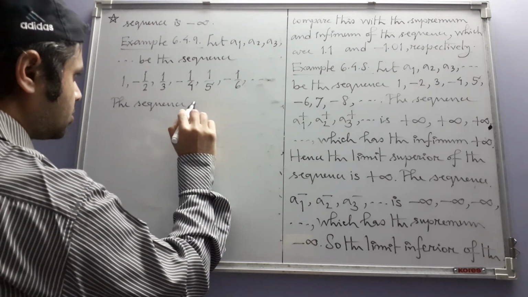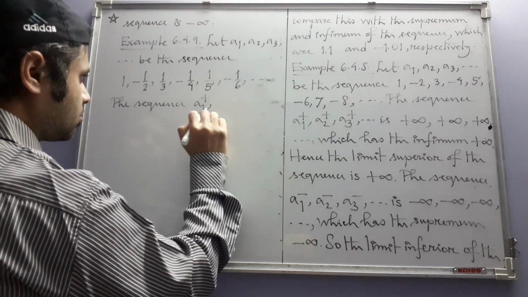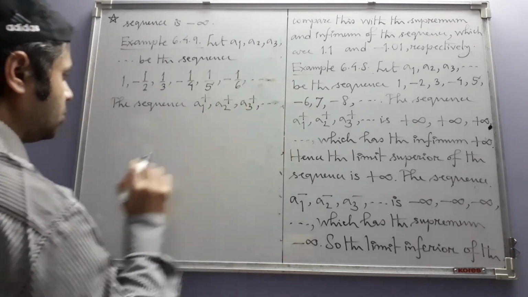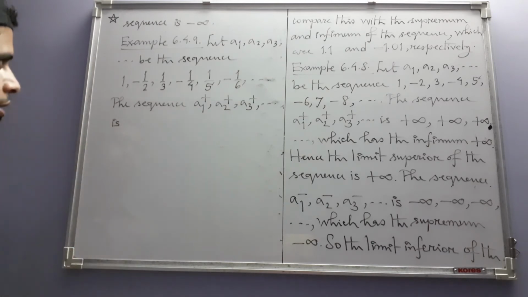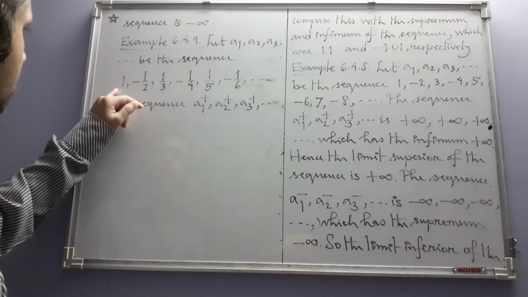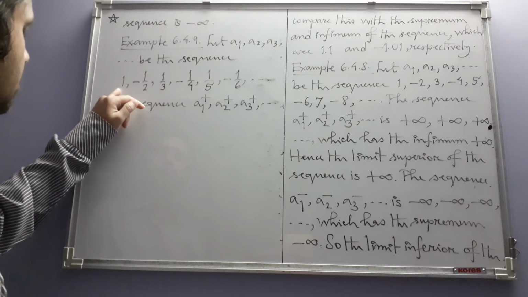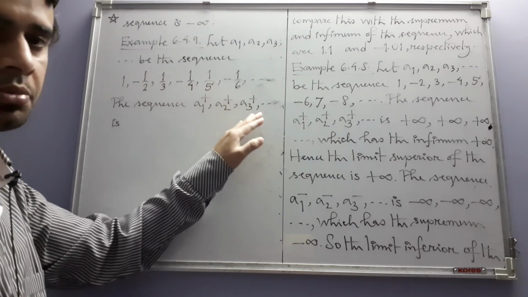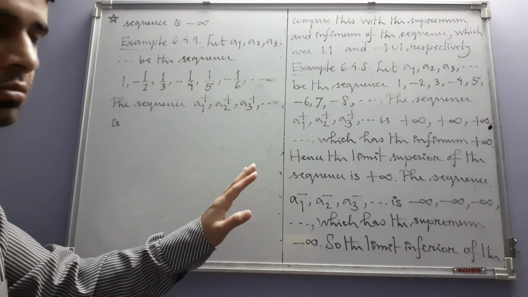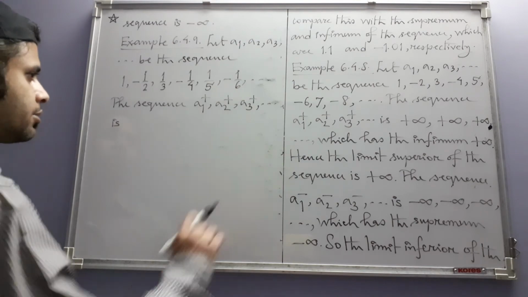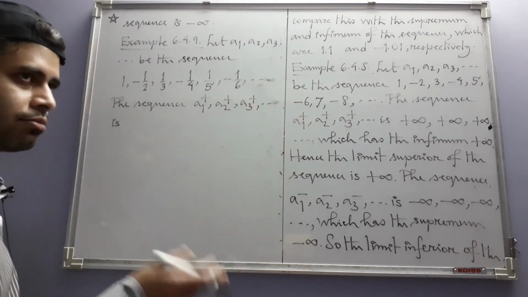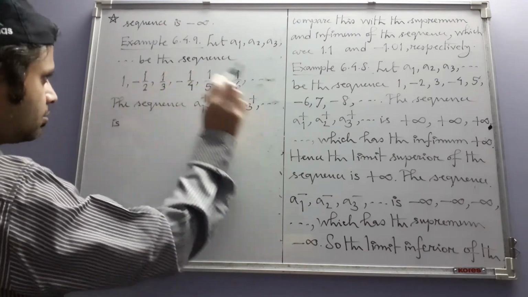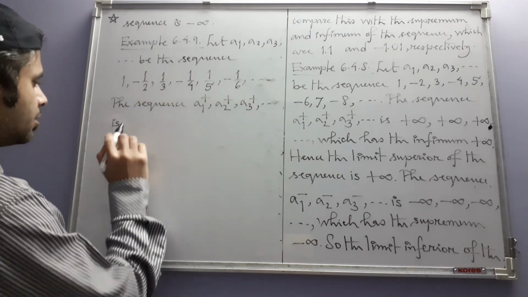The sequence of suprema is, okay, in this case you have to be careful. First of all, when we are calculating supremum, if there are negative as well as positive terms, we ignore the negative terms. We don't think of them because the positives are always already greater than the negatives. So here the sequence has a largest term 1.